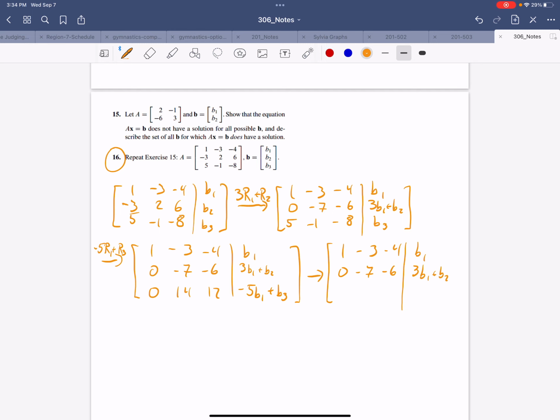Now here, this should just be a row of zeros, so we do 2R2 plus R3. Right, that should do it for us. So that's going to give us b1, because it's 2 times 3b1 plus 2 times b2, so it's going to give us b1 plus 2b2 plus b3.